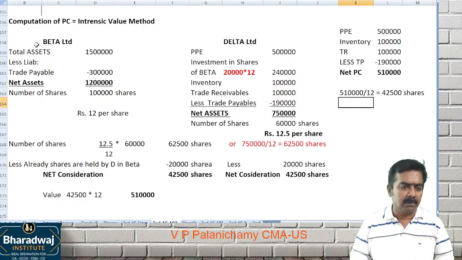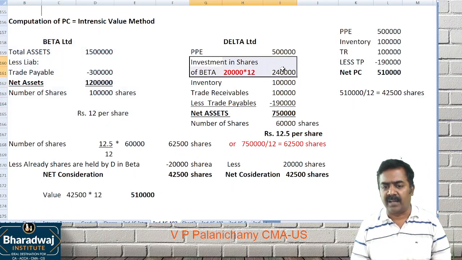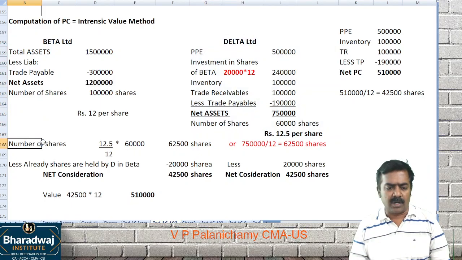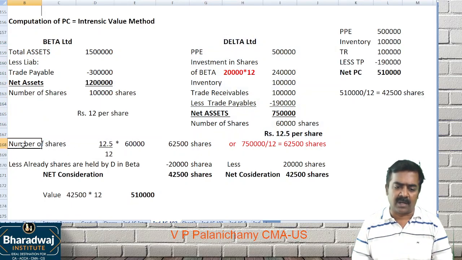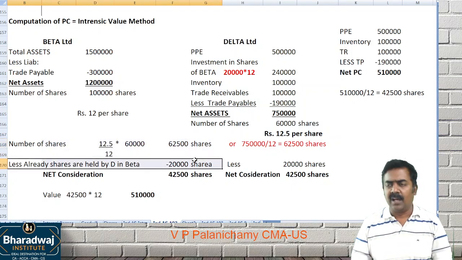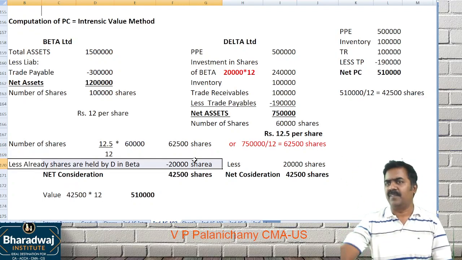I repeat, Beta Limited, what is the value? 12 rupees. Incorporating that value, Delta's value is how much? 12.5. 12.5 is your value. My value is 12, into 60,000 will give us what? How many shares have to be allotted? Minus, you are holding already 20,000 shares. We will tell you to give it to your shareholders; we will not take over.